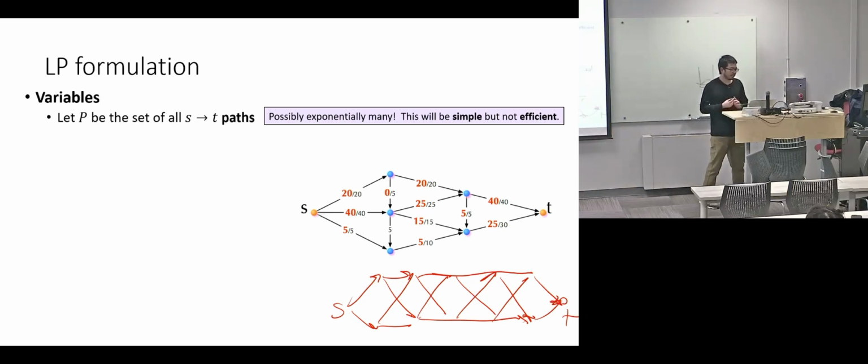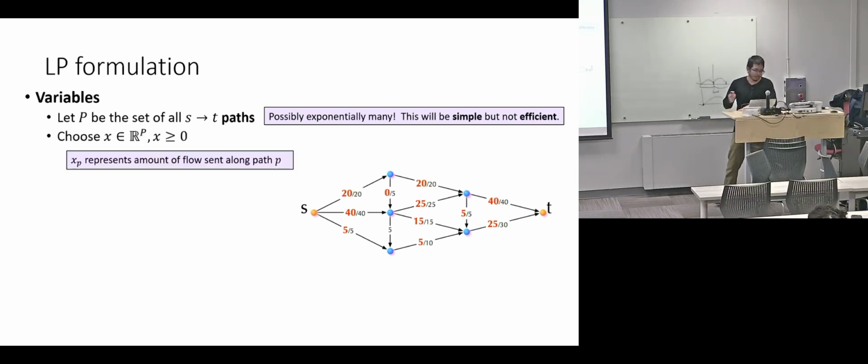Okay, so I just introduced exponentially many variables, where I have x in R to the P. So I have an xp for each path P. I have some value xp, which is some number.